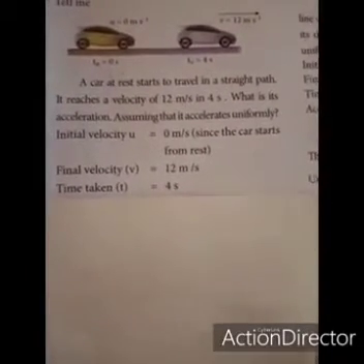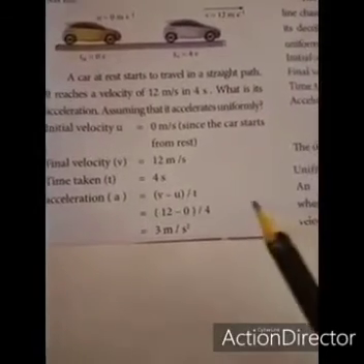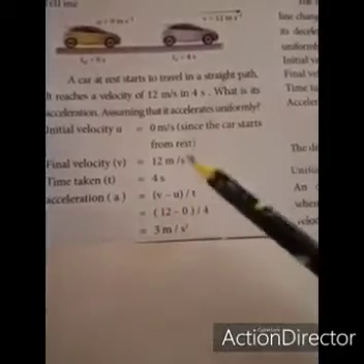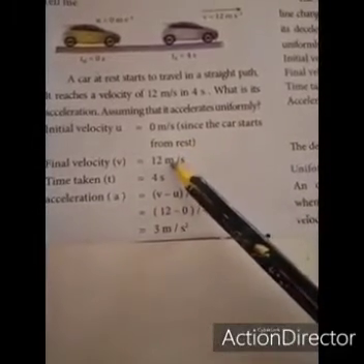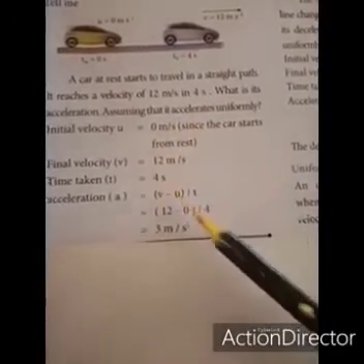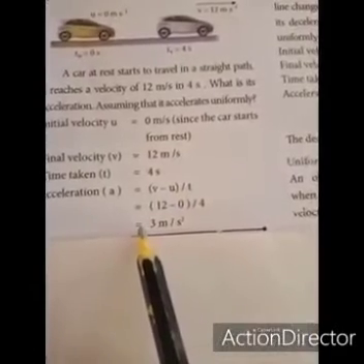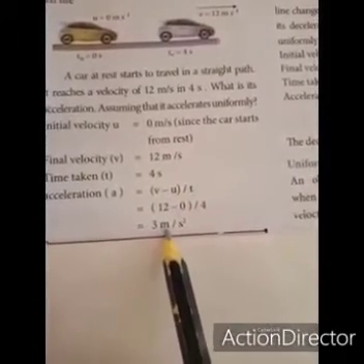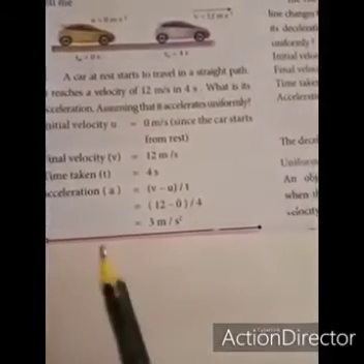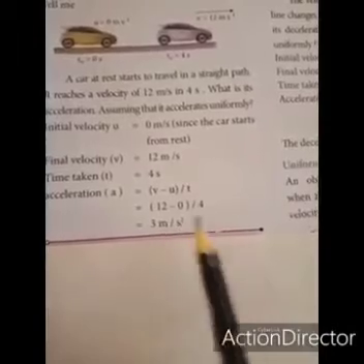So acceleration A is equal to v minus u by t, that is final velocity minus initial velocity by time taken 4. Simplifying this, we get the answer 3 meter per second square. The acceleration of this car is 3 meter per second square.